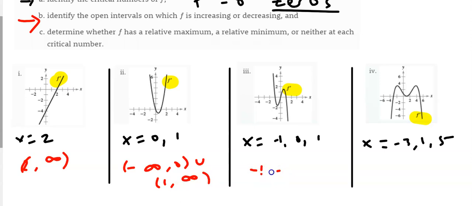Now the reason I know this is I'm looking everywhere that the f prime graph is above the x-axis. So union looks like 0 to 1. And for this last one, it looks like it's -3 to 1, union 1 to 5.